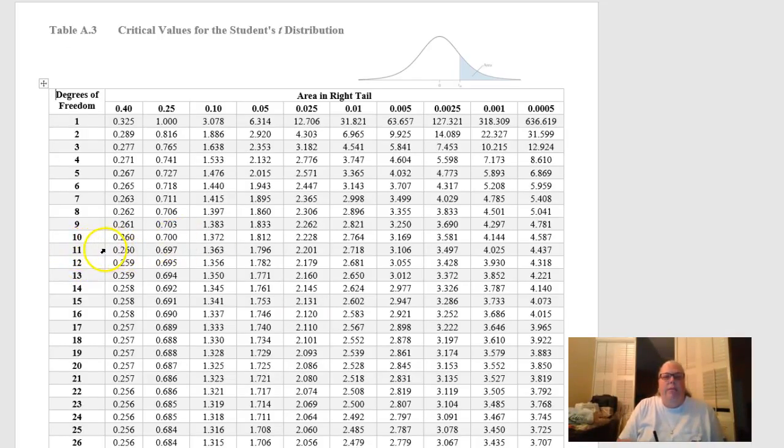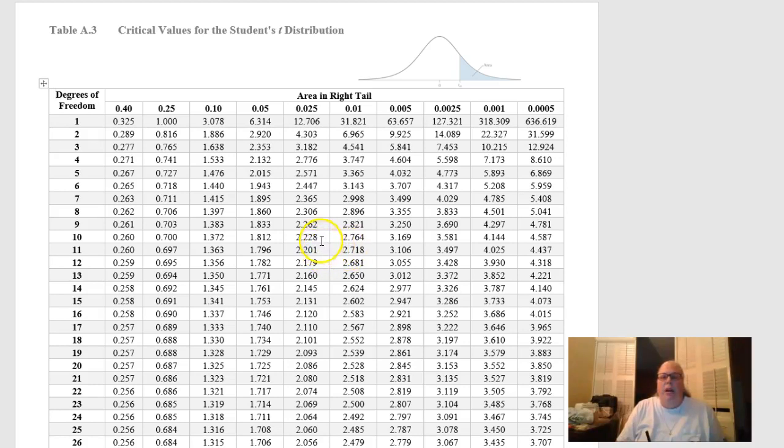Right here is line 11. Remember, we're looking for 2.584. This is 0.2, 0.6, 1.3, 1.7, 2.2, 2.7. So I've gone too far here. 2.7 is more than that. 2.2 is less than that. So what I know is that my test statistic falls in between these two values that are in my table.